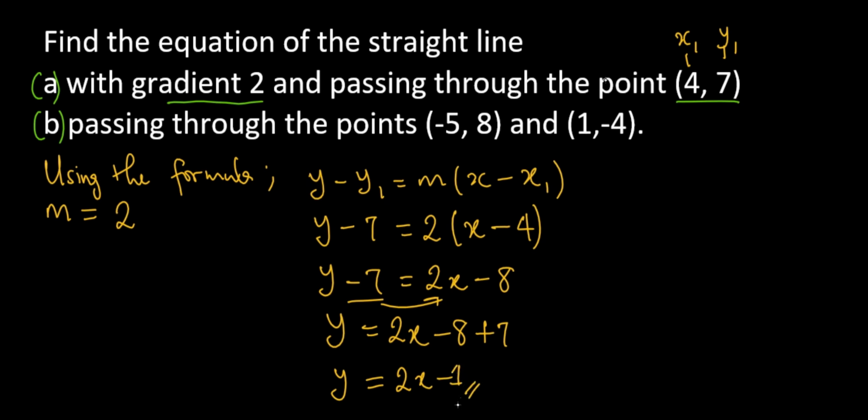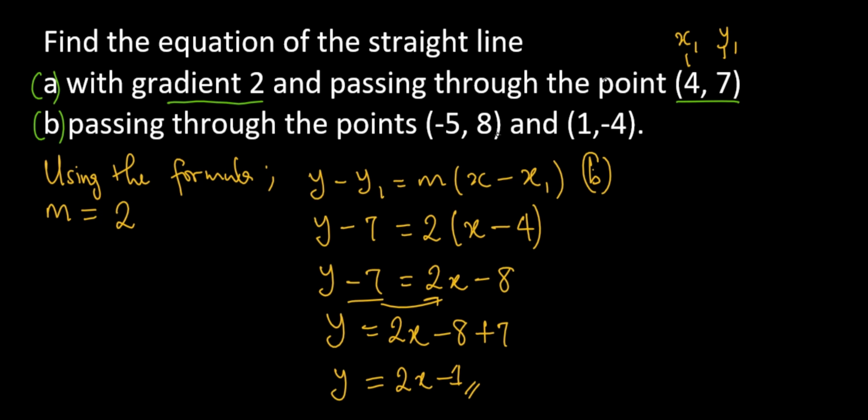And the second part is where 2 points are given, and we are asked to find the equation of the straight line. In the first one we were given the gradient and just 1 point. With these 2 points here, we have to get the gradient first. That's the first thing to do.